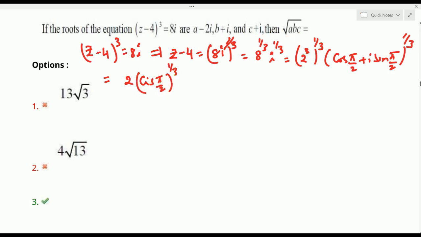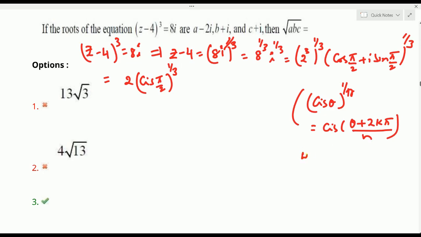For the cube root of a complex number, recollect the formula for (r cis theta) whole power 1/n. This tip you have to recollect. We can write (r theta) whole power 1/n as r to the 1/n times theta plus 2k pi by n, where k varies from 0 to n minus 1, in case of nth roots. Here there are cube roots, so I'm writing 2 as it is. What is there in place of theta?